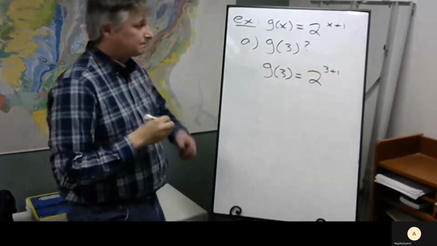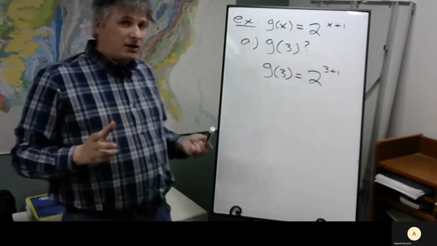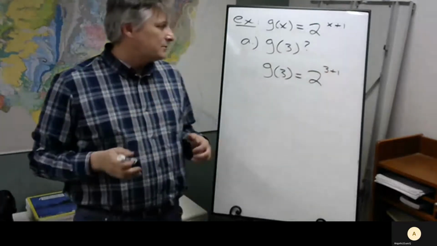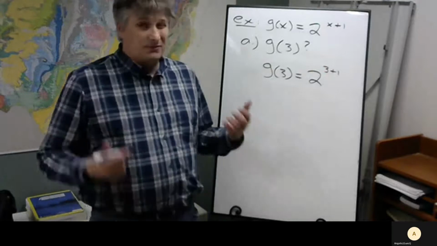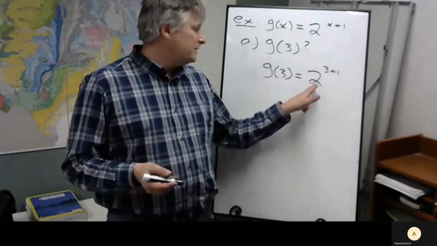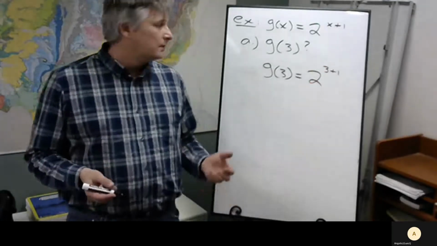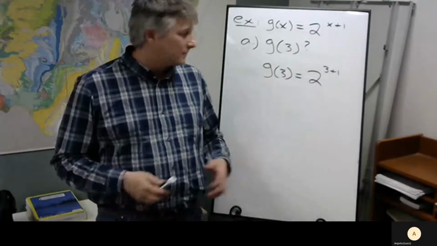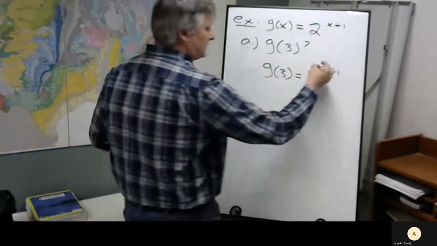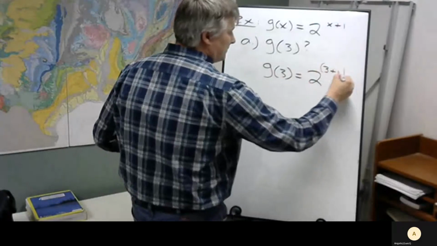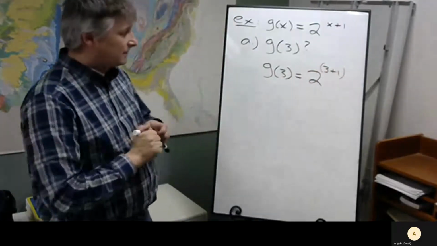Now, we want to be careful here, because when we think about PEMDAS, we're told to do exponents first. So it's very tempting to say we need to do 2 to the 3rd power. But that's not what we're going to do here. You can think of this as having little invisible parentheses around it.